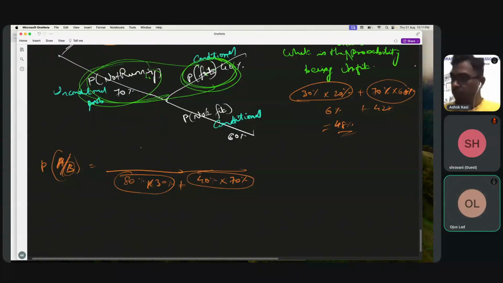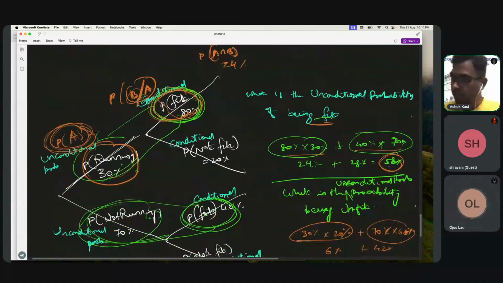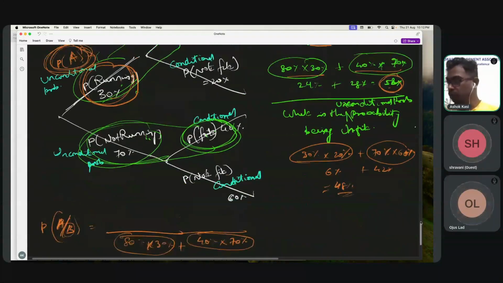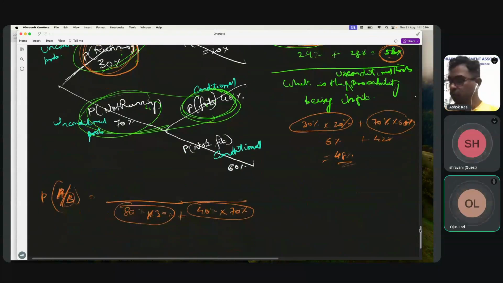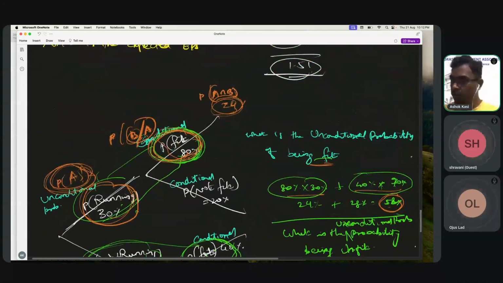Now see, for the denominator, let A, running, happen first and then fitness happens. The joint probability is 24. Or let fitness happen first and then running. The joint probability is going to be 24 only. So that 24 is what? 30 percentage and 80 percentage.